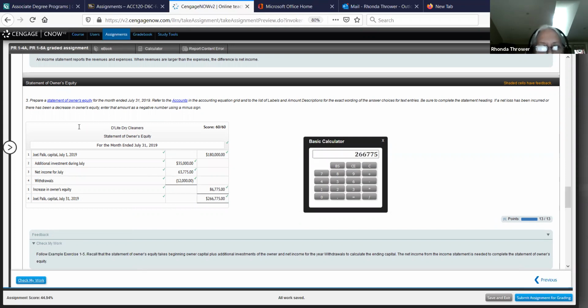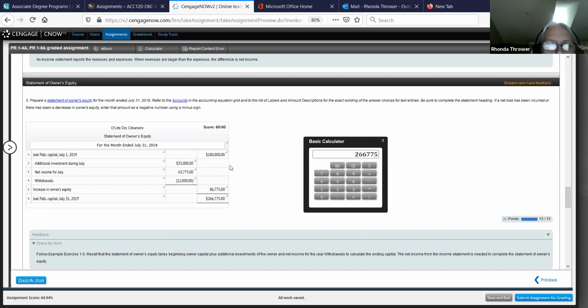So that's how you prepare a statement of owner's equity. If the company has been in business for a while, you start with the beginning balance. If they have any additional investments, you combine it with the net income if they have net income, and a withdrawal if they have withdrawal. All this is combined to find the increase in owner's equity.